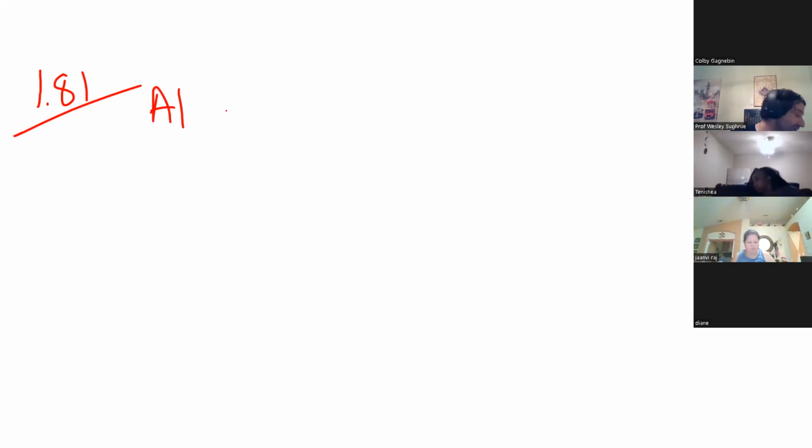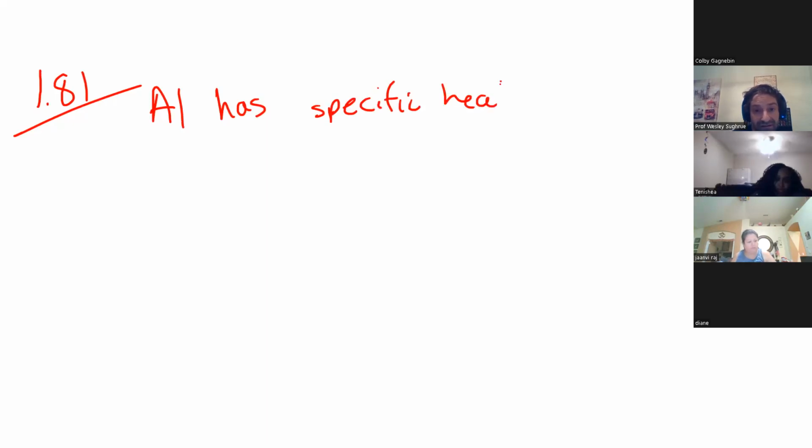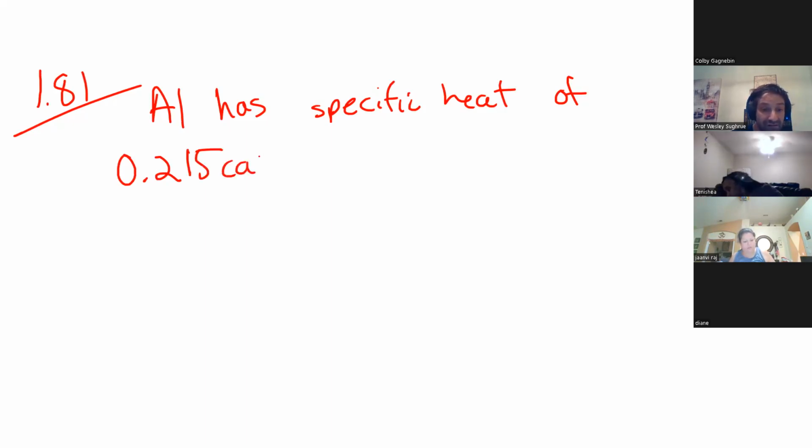All right, so to begin with, we're looking at homework question 1.81. And that question is: aluminum has what we call a specific heat of 0.215 calories per gram degrees Celsius.